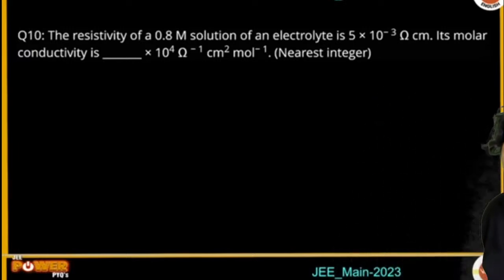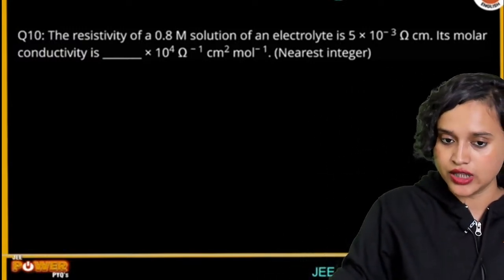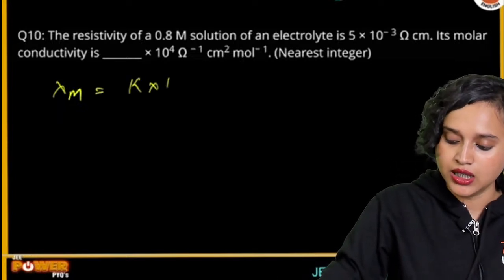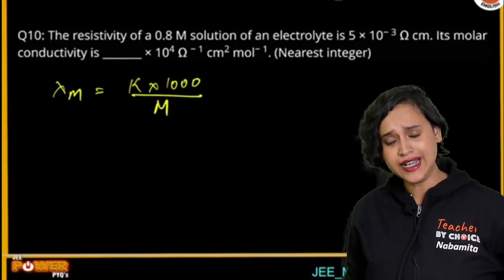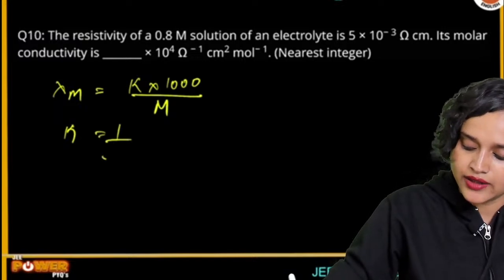The answer is a dash into 10 to the power 4 ohm to the power minus 1 centimeter square mole to the power minus 1. Okay, what is the formula? We know that our formula is lambda m is equal to kappa multiplied with 1000 divided by n. What is kappa? Kappa is equal to 1 divided by rho.